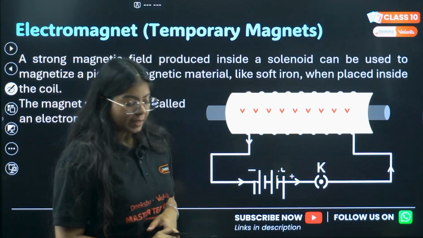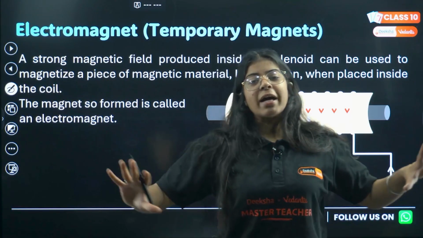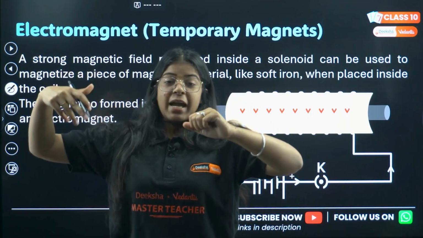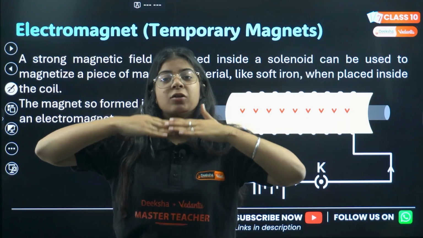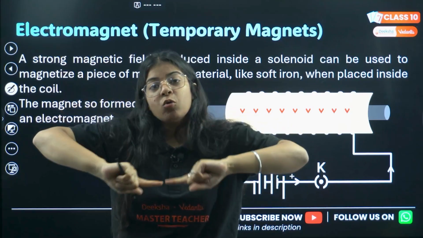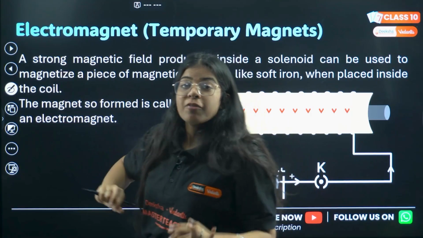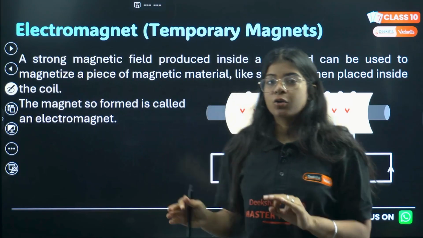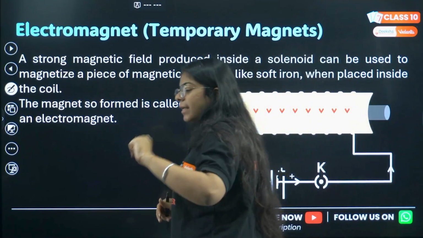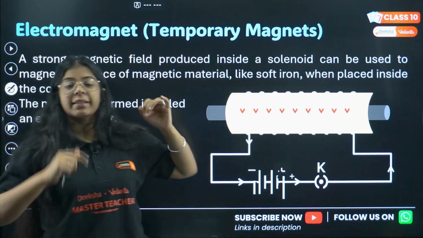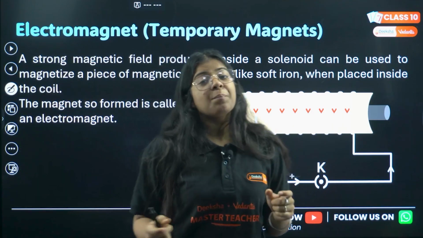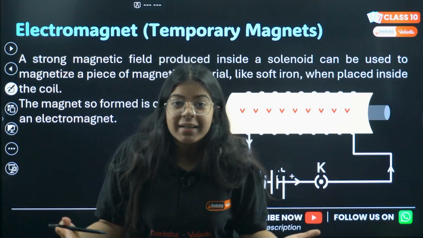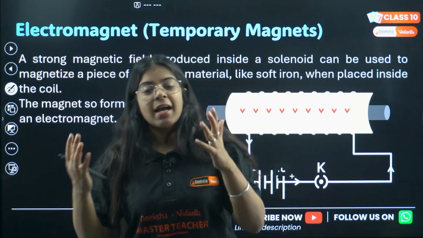This is again a very important topic: electromagnet. I had a solenoid. I took an insulated copper wire and wrapped it. Now if I wrap that insulated copper wire around a soft iron core, and then pass the current through that wrapped copper wire, because of that current, this soft iron will become a magnet. It will start behaving like a magnet.